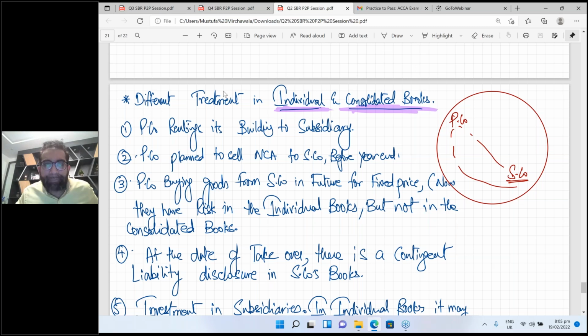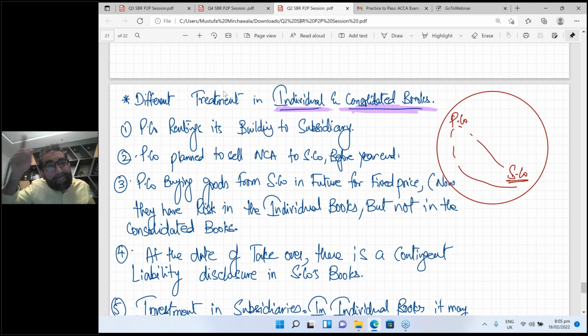And one more thing, from the day we classified this asset as held for sale, from that day onwards we won't be booking any depreciation, because we don't depreciate current assets. So in the individual books of parent company IFRS 5 is perfect, right?